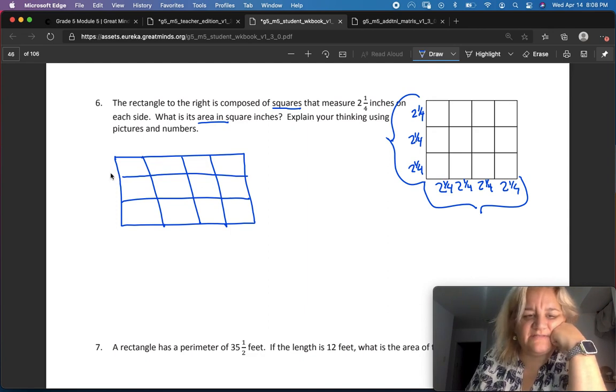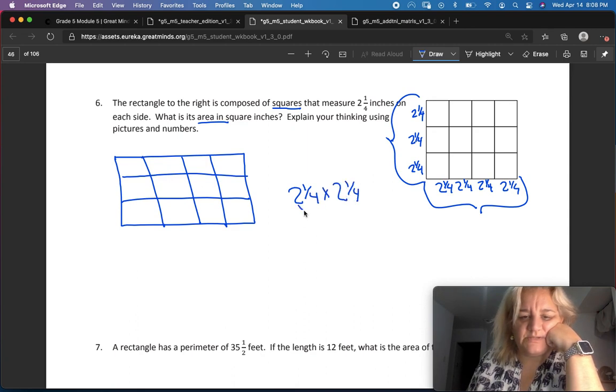And if each of these is 2 1/4, so 2 1/4 times 2 1/4 would be 2 times 2, 2 times 1/4, would be 4 plus 2/4.